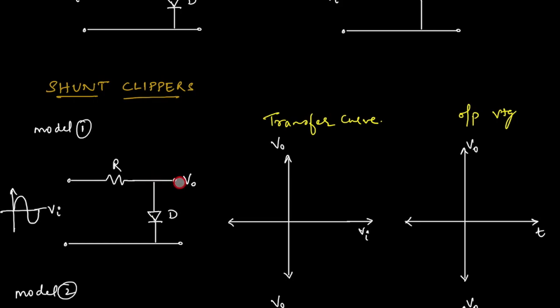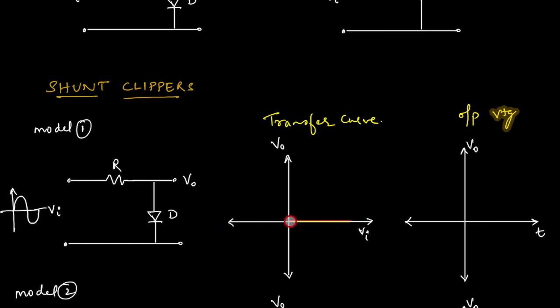So what will the characteristics be? The characteristics will be 0 for all positive values. Now if negative comes, it is reverse biased and an open circuit, and all the negative values go to the output. This is the positive input, and this is the negative input.